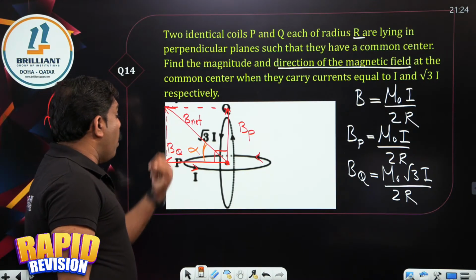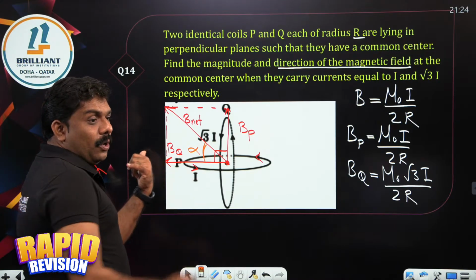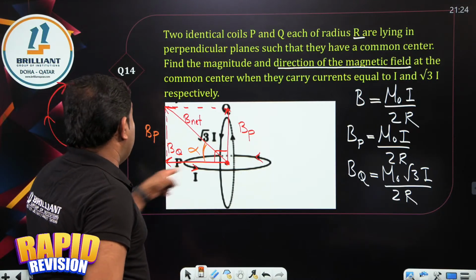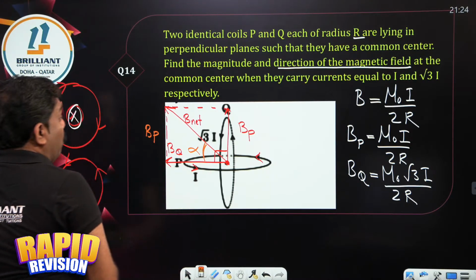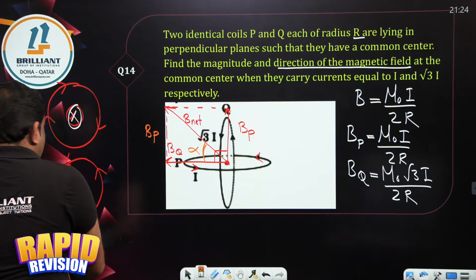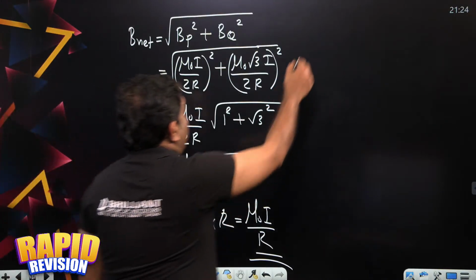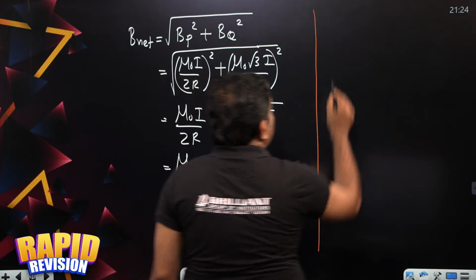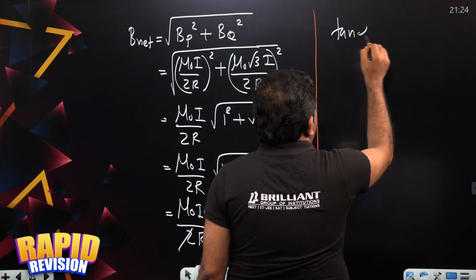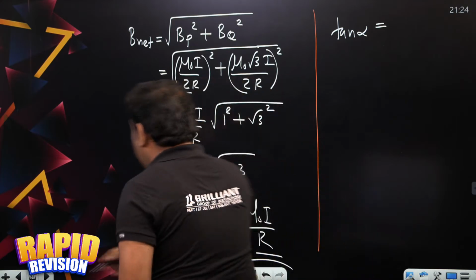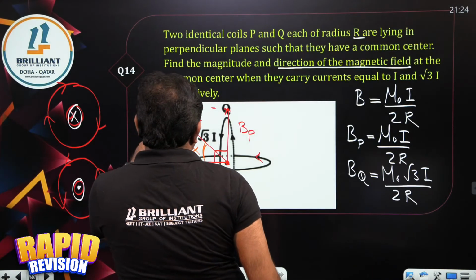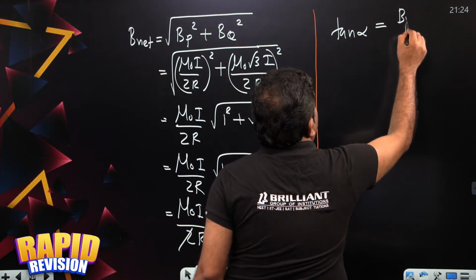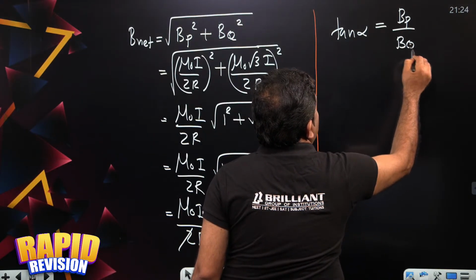Tan alpha is opposite by adjacent. Opposite is BP, so tan alpha is BP by BQ. So for the direction, tan alpha is equal to, in our diagram, the opposite side BP and adjacent BQ, so BP divided by BQ.